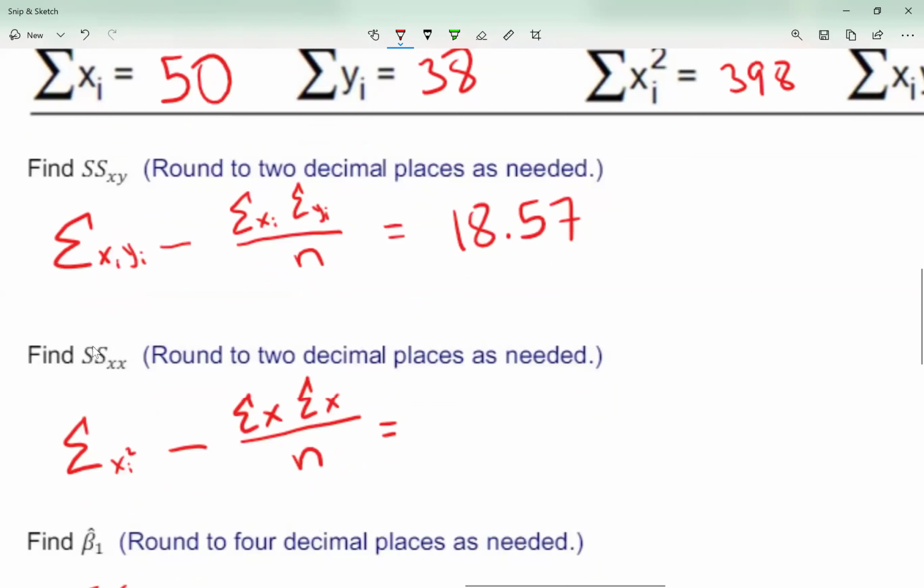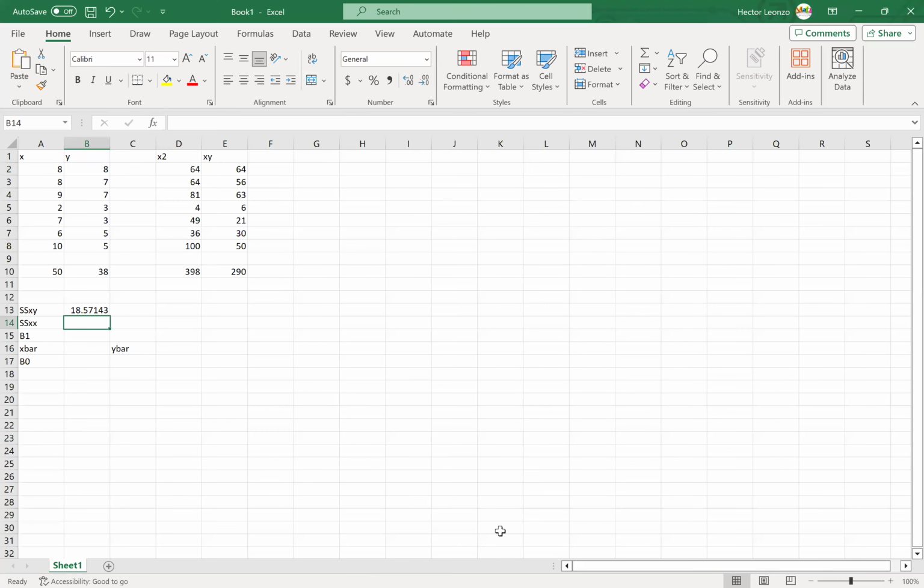Now my sum of the squares of xx. Okay, let me come back to Excel. Now my formula, I gave you guys a formula earlier.